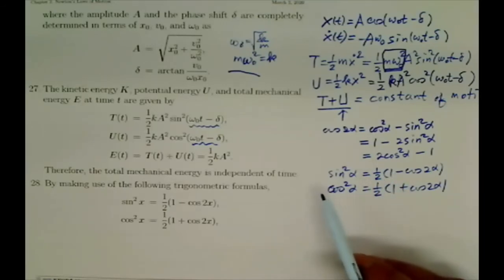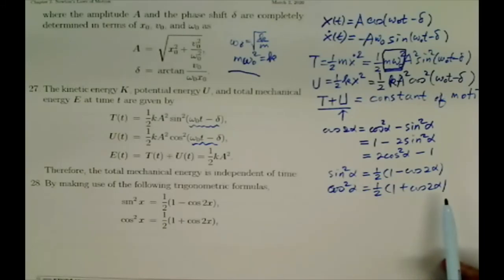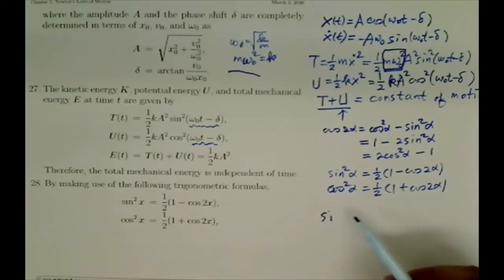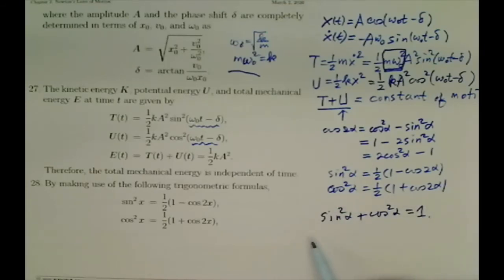And if you add these two together, the plus and minus terms cancel exactly to arrive at the trivial result, sine squared alpha plus cosine squared alpha equals 1. So the time average values for sine squared and cosine squared are both 1/2.